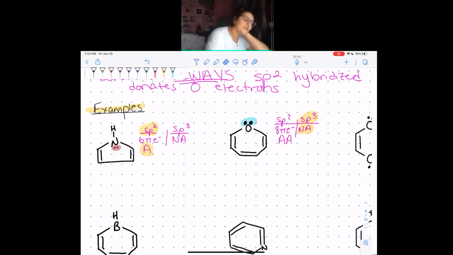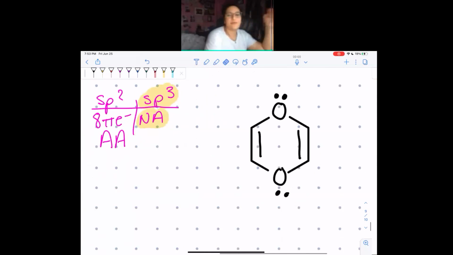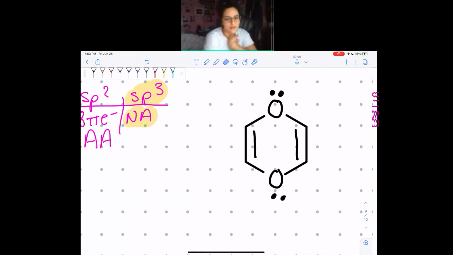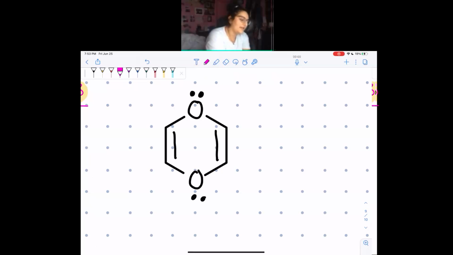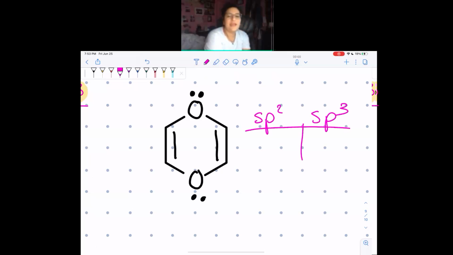All right. So now we're going to see what happens when we have multiple heteroatoms. The rule was if we have multiple single bonded heteroatoms, they have to have the same hybridization. So, sp2 versus sp3. If they're sp3, automatically non-aromatic, no thoughts.